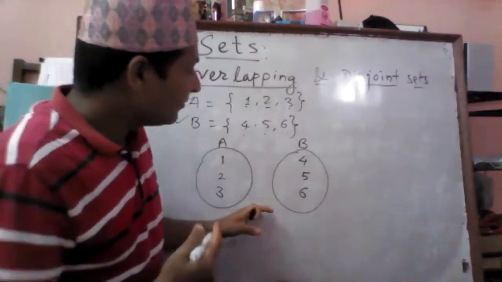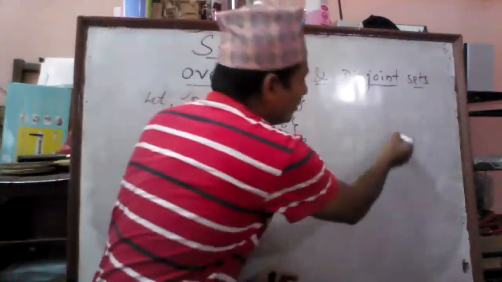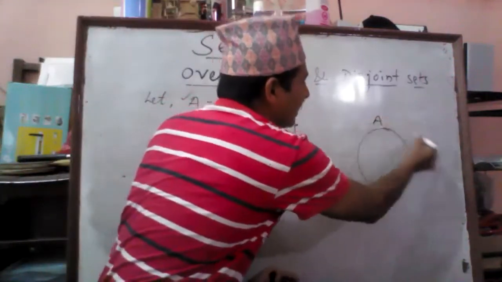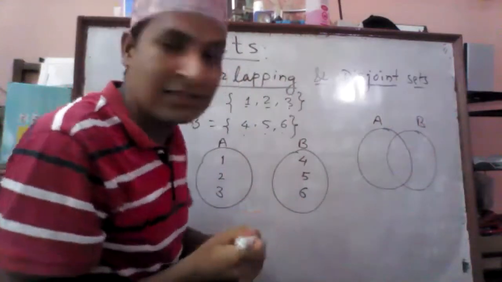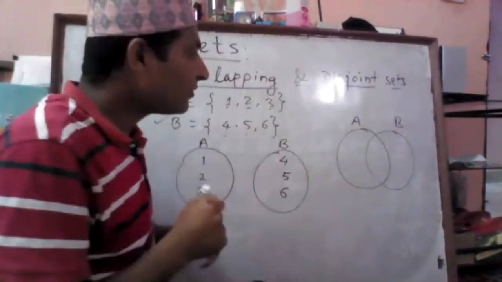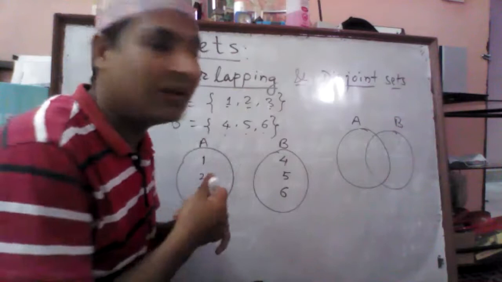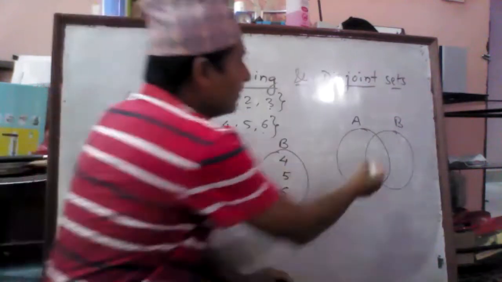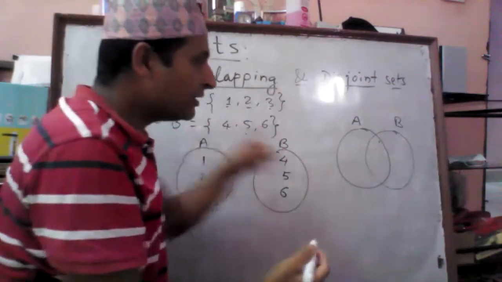And for the same sets, we can draw the diagram like this, set A and set B. Suppose we draw the sets like this, okay, how do we write the elements? Please look here. First of all, is there any common element in the sets A and B?